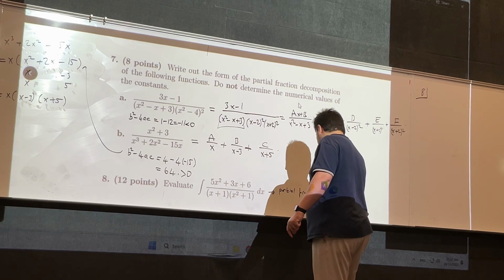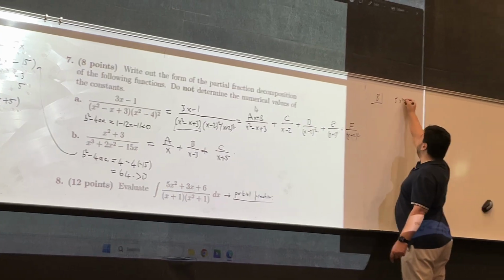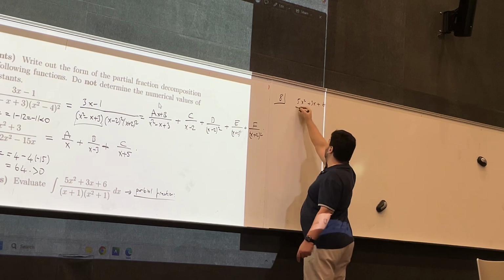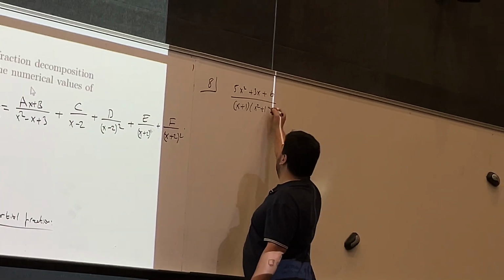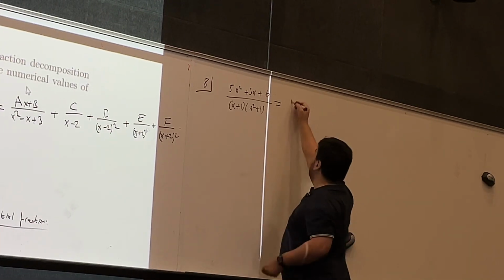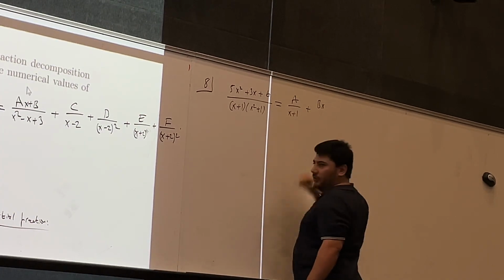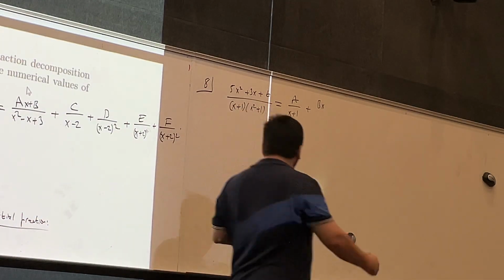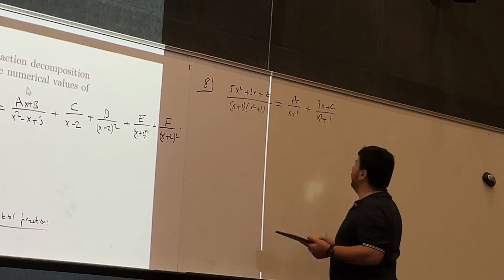So I want to have 5x squared plus 3x plus 6 over, to be equal to A over x plus 1 plus Bx plus C over x squared plus 1.